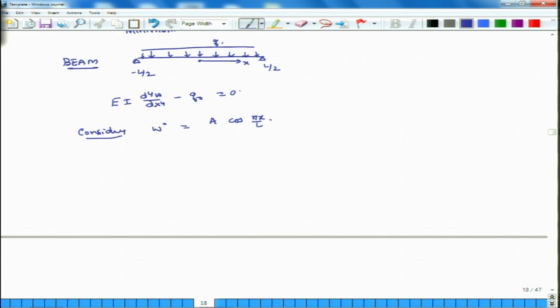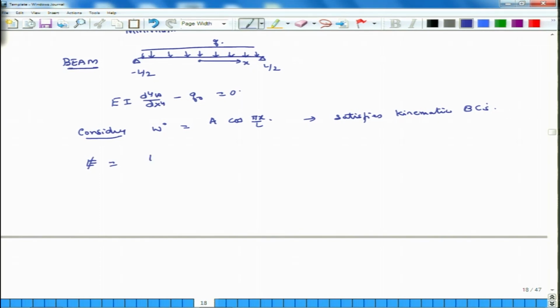Okay. So, why did we choose this? Because this function satisfies the value of W as equal to 0 at both ends. So, it satisfies the kinematic boundary conditions. So, what is the error?